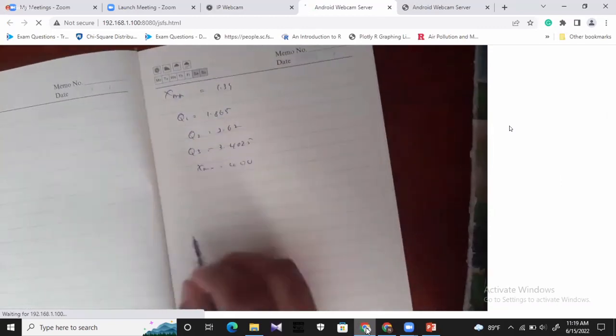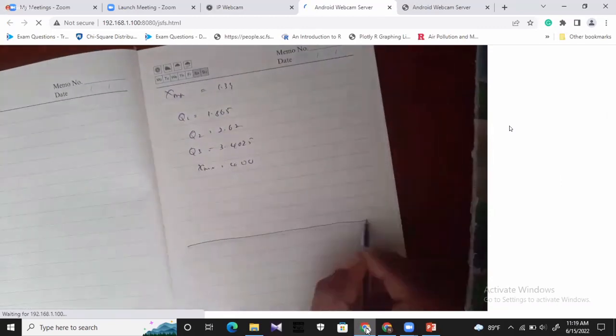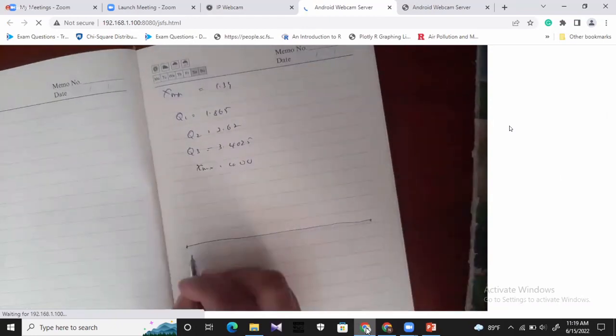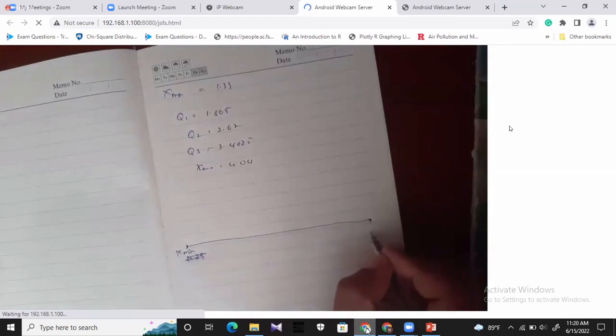So these are the measures that we know. First, we need to create an appropriate scale along the horizontal x-axis, right? So here I'm marking the minimum value, that is 1.39, or we can write it as x min. That should be x max, no?